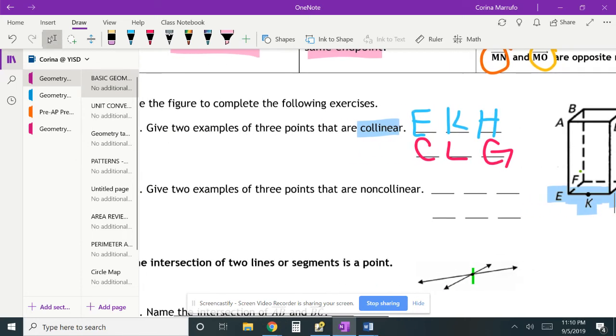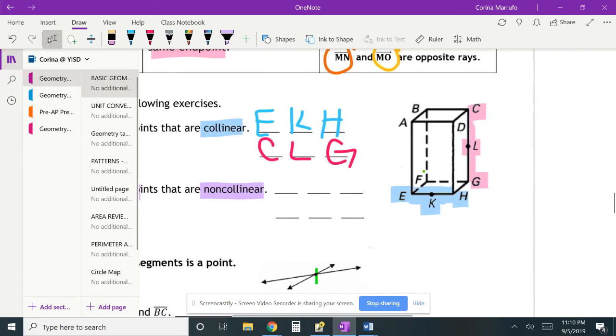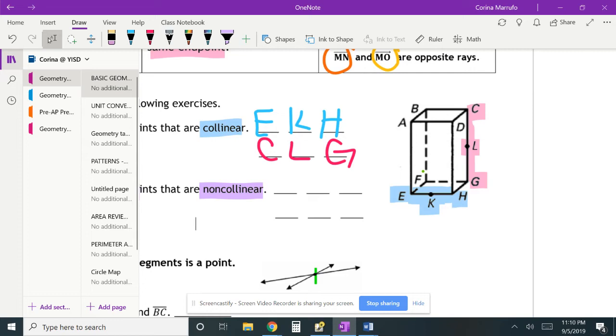Okay, the next one wants us to give 2 examples of 3 points that are non-collinear. So now we're looking for 3 points that are non-collinear, that they're not on the same line. So we can pick any 3 points as long as they're not on the same line. So I'm going to use A, L, and F. None of those are on the same line, so these are non-collinear.